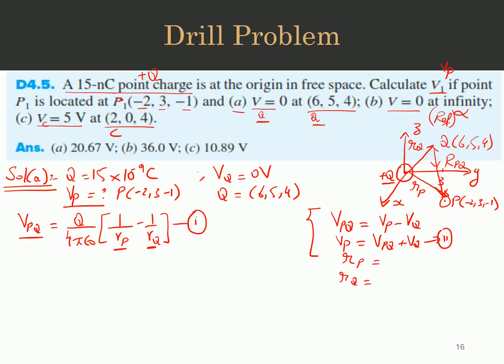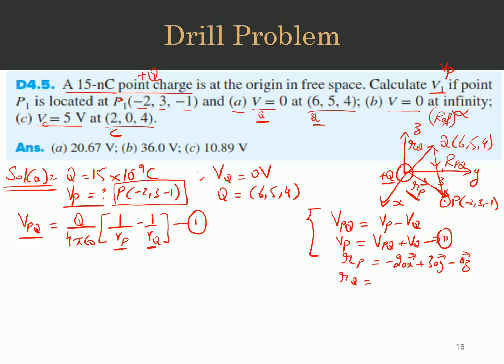Rp and Rq are obviously from the origin, and since we need to find potential at P, Rp is going to be final minus initial. The origin is the initial point and the final point is P. So we are now first finding R of P. So it will have a value of -2 along A of X plus 3 along A of Y and then minus A of Z. So basically we have taken this point and subtracted the origin in order to find the distance vector Rp.